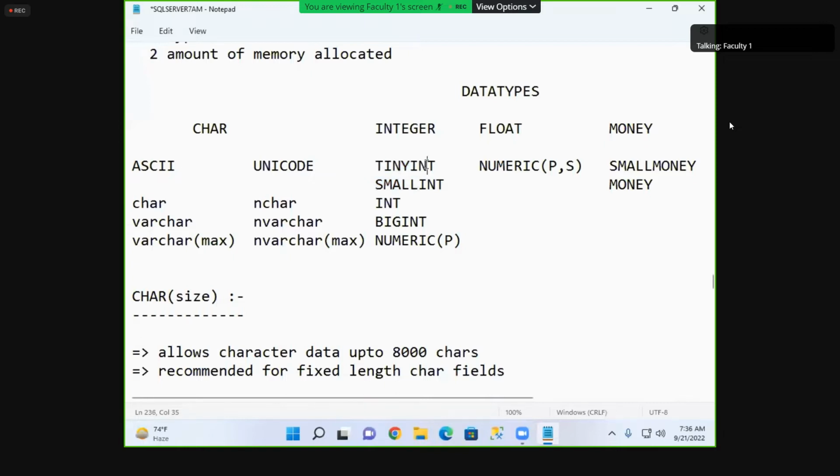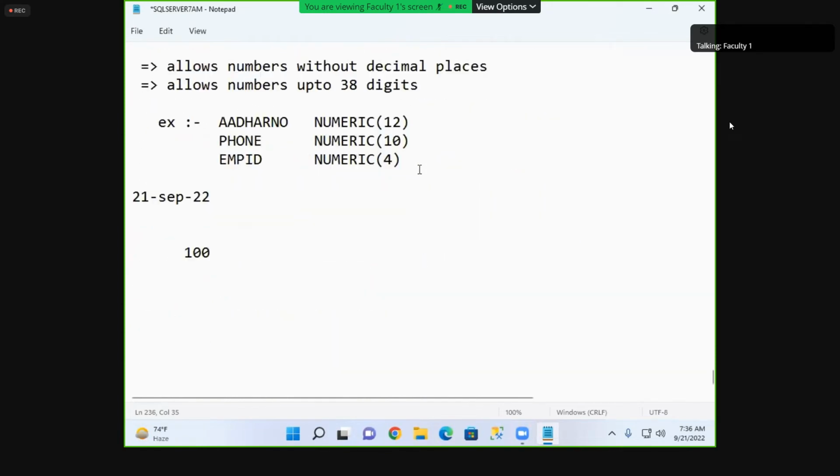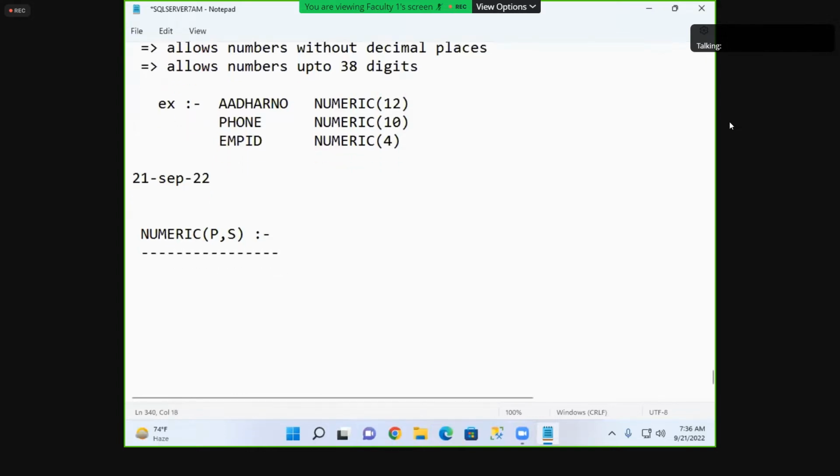If it is float, meaning the number contains a decimal part, then use numeric P comma S. For integers we have 5 types, and for float we have one: numeric P comma S.